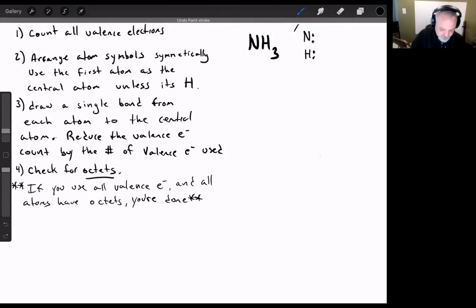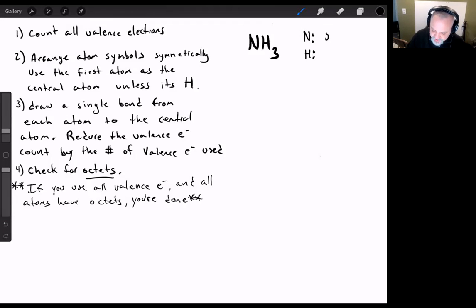I'm just going to start to write the numbers down. But nitrogen has 5. There's 1 nitrogen, so that's a total of 5. Hydrogen has 1. There are 3 hydrogens, so that's a total of 3. 5 plus 3 is 8. So I have 8 valence electrons to draw the picture. So let me arrange the atomic symbols symmetrically.